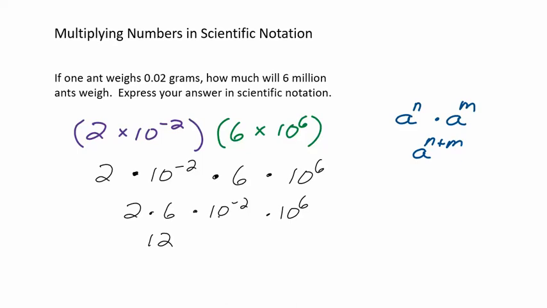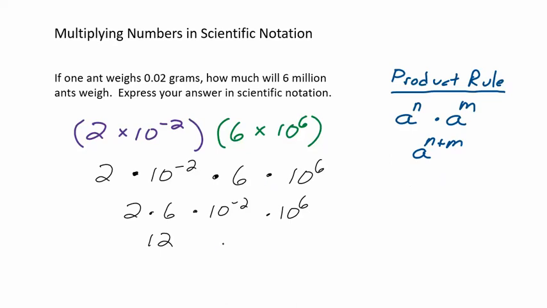So I can use this rule to multiply 10 to the negative 2 times 10 to the 6. In this case, the 10 is like my a value, that's the base. And my exponents are negative 2 and 6. This is called the product rule, and I have some videos on it. So if you wanted to learn more about why this works and see some more examples with the product rule, you could go search that.